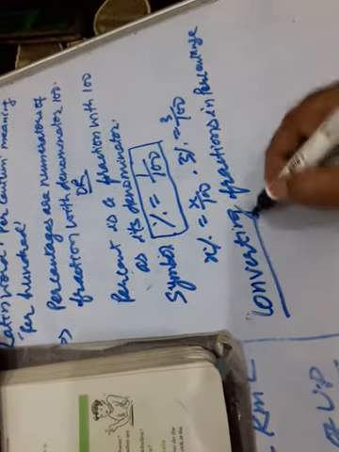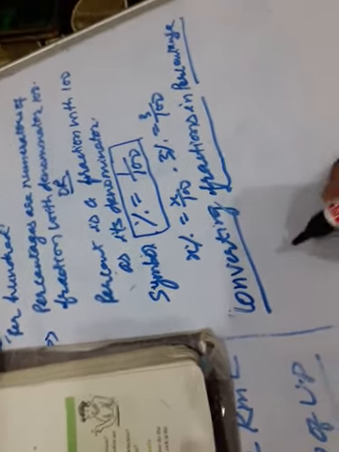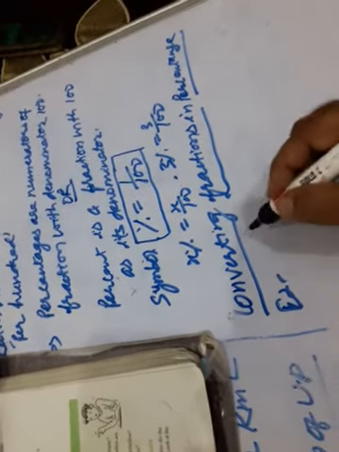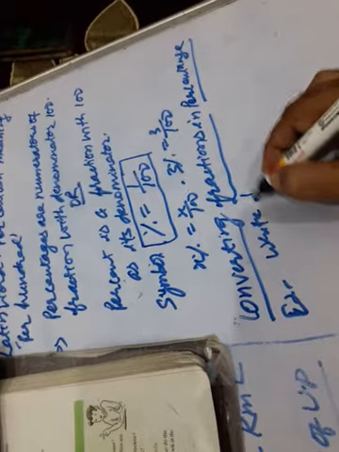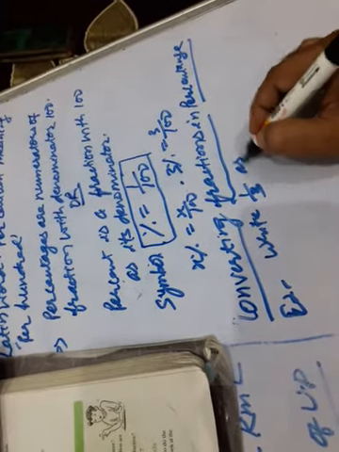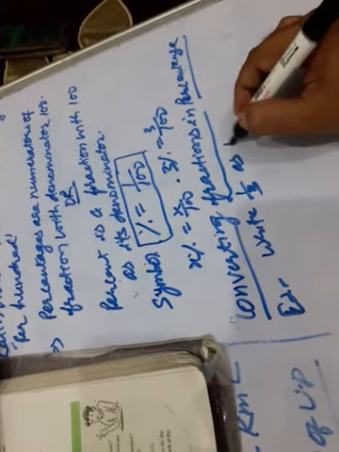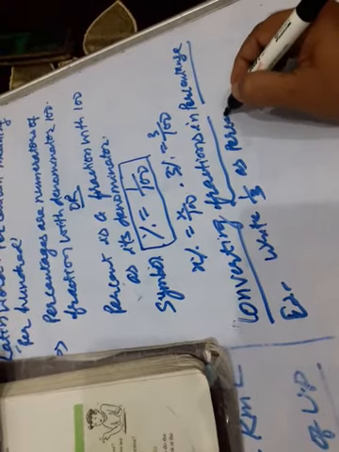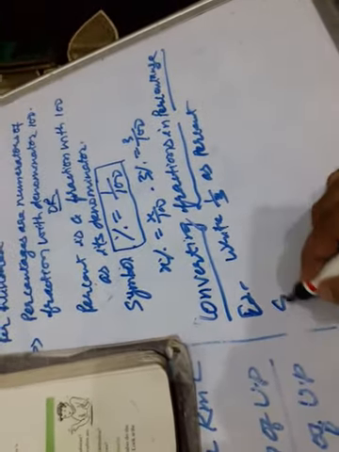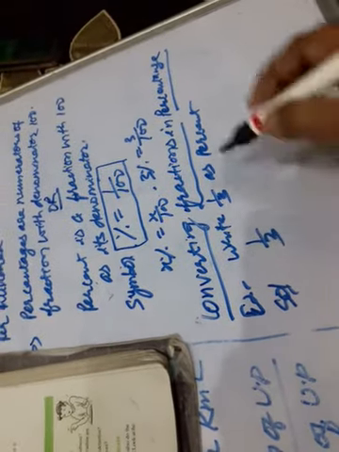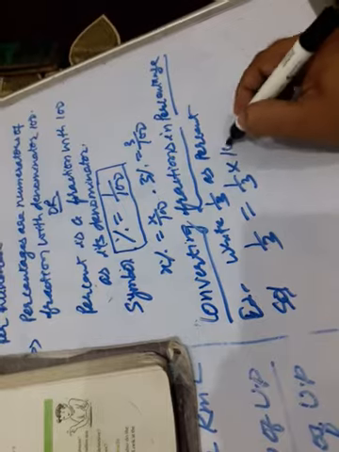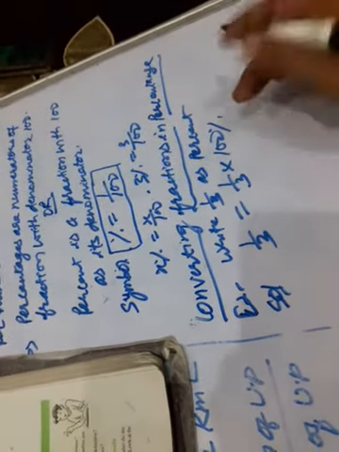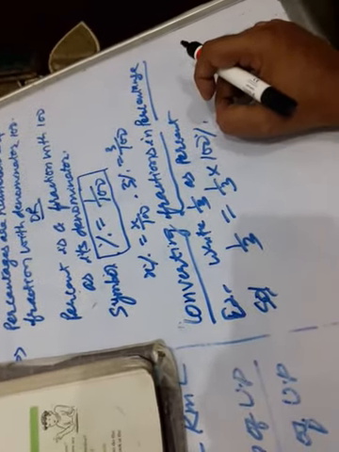For example, write 1 upon 3 as percent. So if a fraction is given, how to convert it into percent? Solution: 1 upon 3 is given. You can write 1 upon 3 into 100%, that is, 1 upon 3 into 100 and then the symbol of percent.